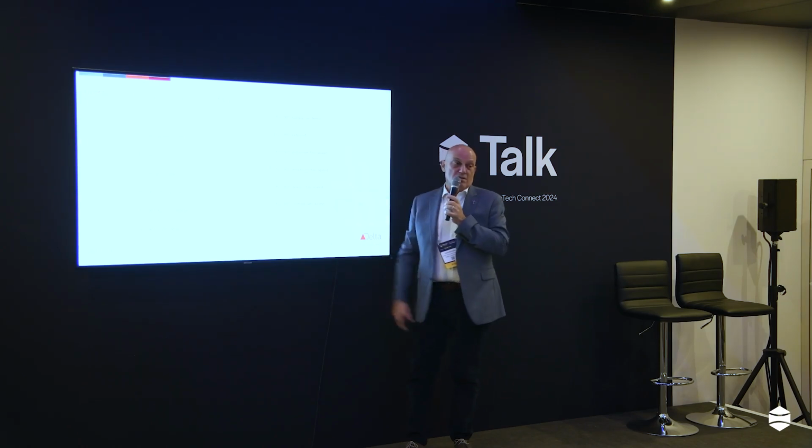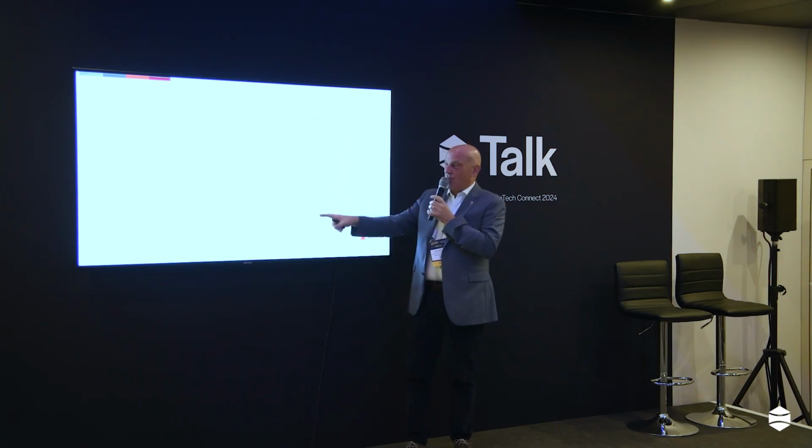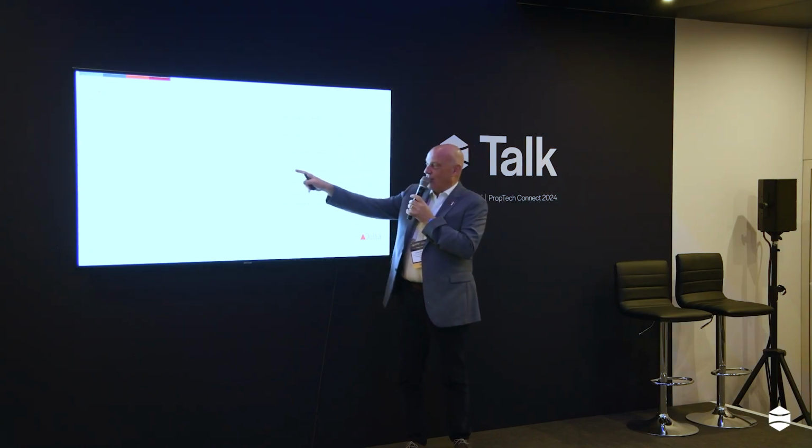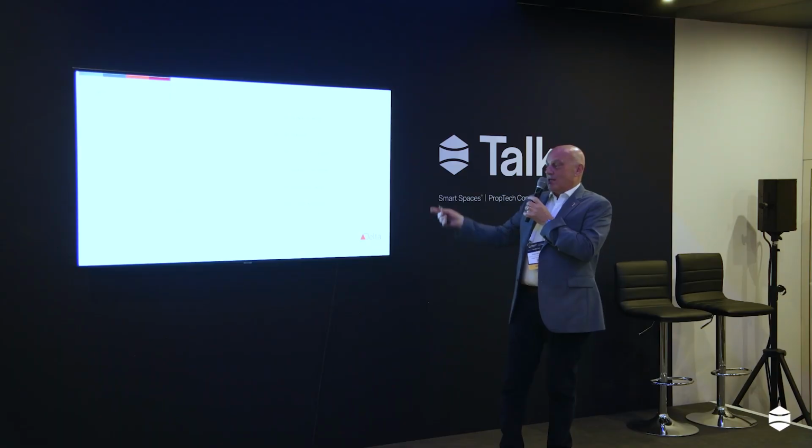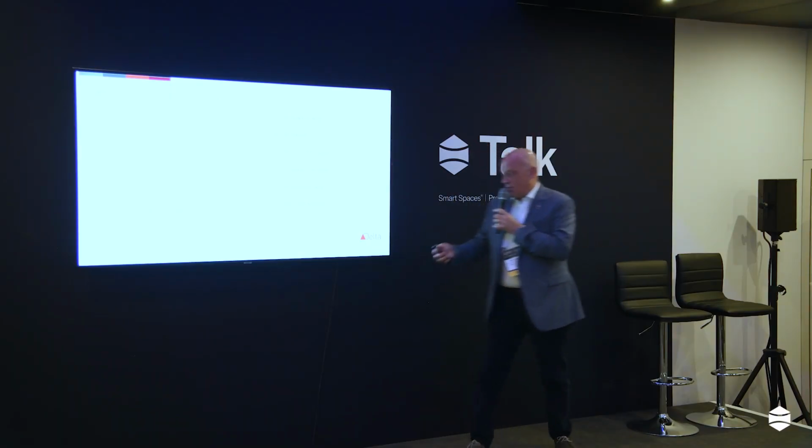So this is just what the data looks like, and this is the ultimate goal of what it is. This is the ontology. This whole thing is the UDMI data payload. So this thing gets into the data lake, and some other machine learned program can understand it and make use of it. And that's it really. And the whole thing is, as I say, JSON.